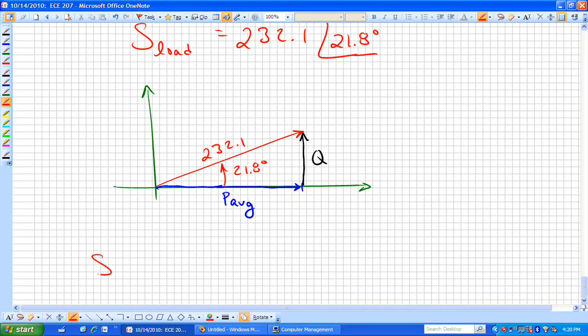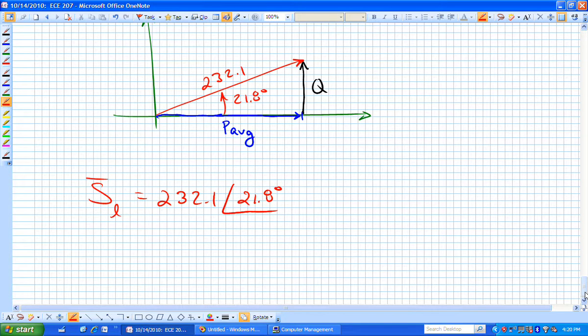Or we can now find those components analytically. We had 232.1 at an angle of 21.8 degrees. That's what we computed to be our complex power of the load. We can now take the cosine of 21.8, scale it by 232 to obtain a value of 215.5.